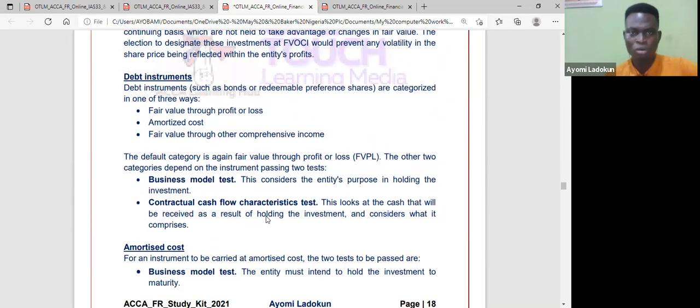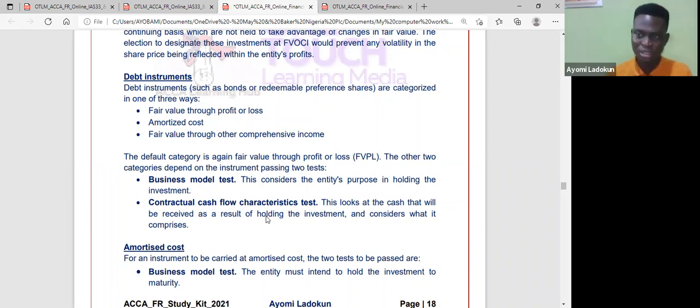Now, for debt instruments, for example, bonds, redeemable preference shares. What we did earlier, equity instruments, is shares, which is a financial asset.